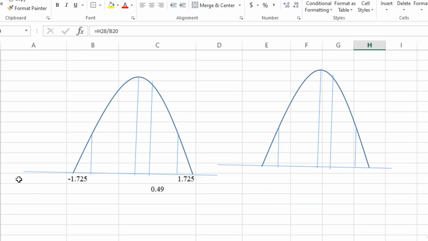So let's move to the graphical interpretation of this. This is a normal distribution curve related to the 10% level of significance. So minus 1.725 is this point, and this is plus 1.725, positive sign. Look at this, the T observed value is 0.049, which is represented here. The mean value is the central value, where it is equal to 0.